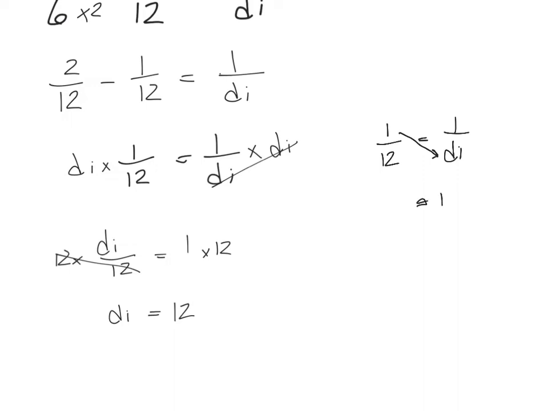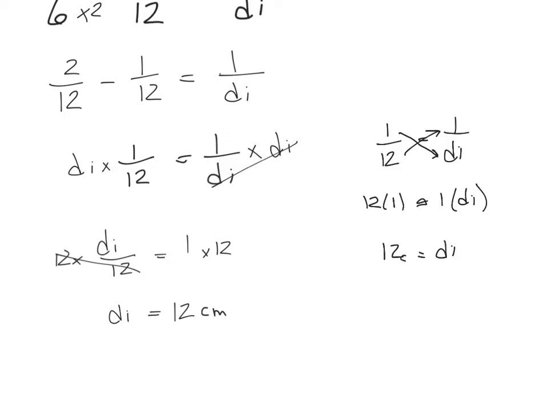So that becomes 1 times di. And I'm going to do the same thing over here. So that becomes 12 times 1. Now, you'll notice 12 times 1 is 12. 1 times di is still di. So whichever method you take, the slower step-by-step version, or if you're going to cross-multiply it, you're still going to get 12. And don't forget units.